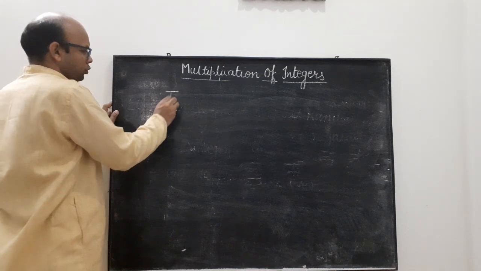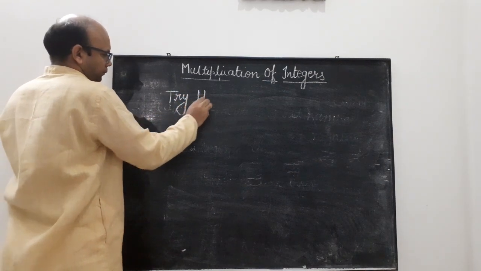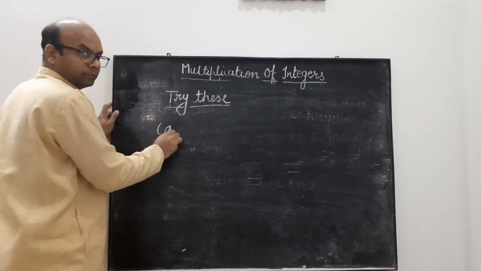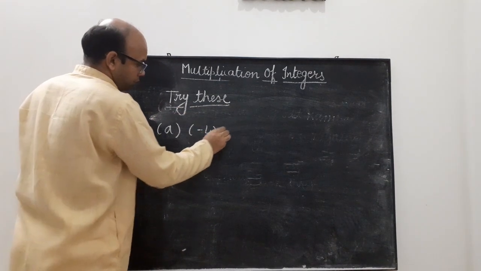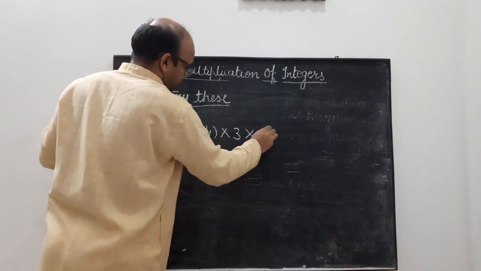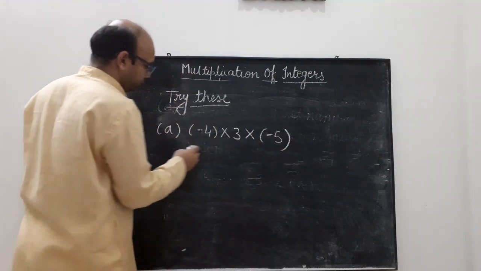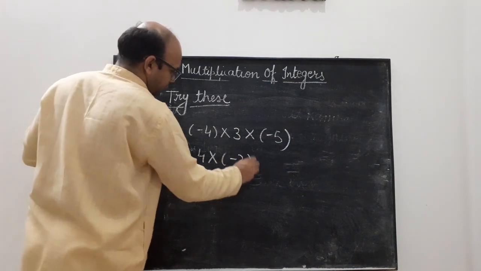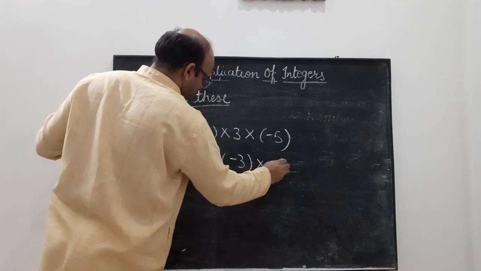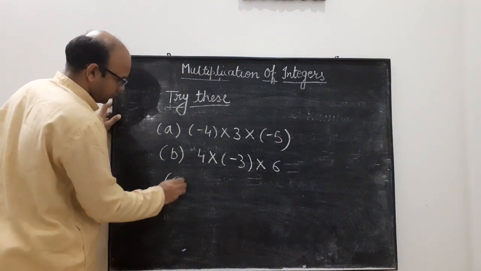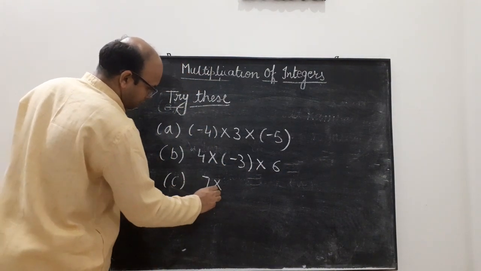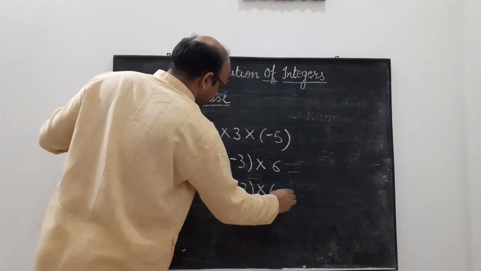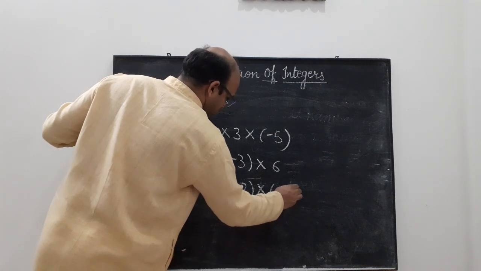So just try these two. Minus 4 into 3, say cross minus 5. 4 cross minus 3, cross say 6. 7 into minus 2 into minus 8.